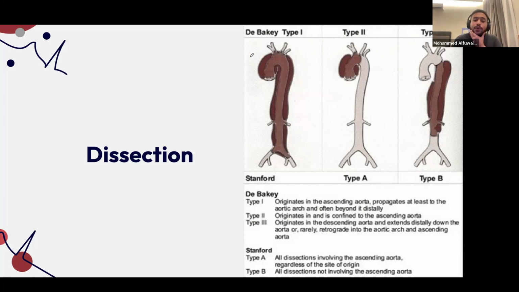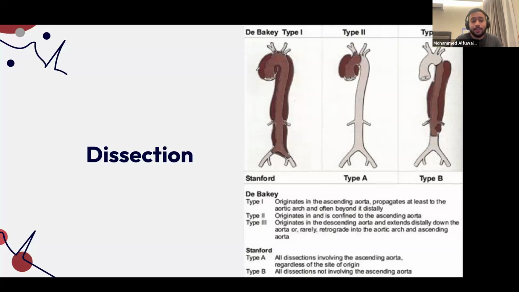Now, important for you guys to remember is how can you classify aortic dissection? You have two classifications, the DeBakey and Stanford classifications. You need to be able to know how to classify it. It will come in the exam. Remember this. The DeBakey has three: type 1, type 2, type 3.